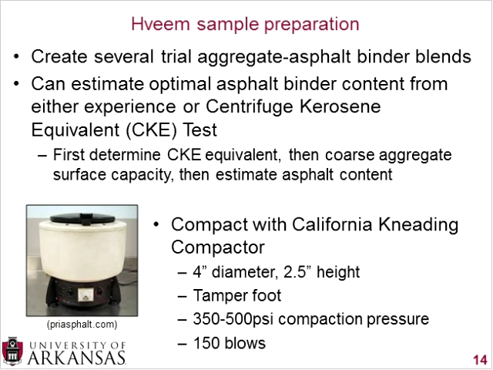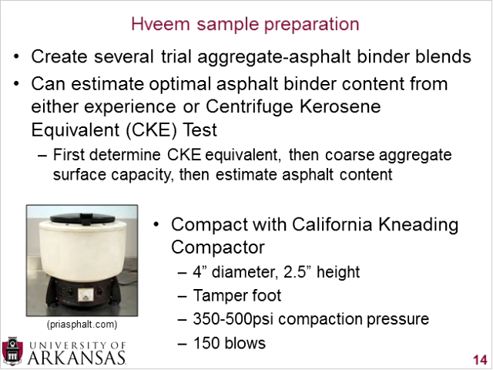So there is an optimal asphalt binder content that you're aiming for, and you can then create a range around that optimal asphalt binder content for your trial blends. And for the Hveem method, there are two ways that they estimate the optimal asphalt binder content. The first is experience. So again, if you have a company or an agency that's been using the same aggregates and same asphalt for a while, you can sometimes have a pretty good guess of what the optimal asphalt content will be.